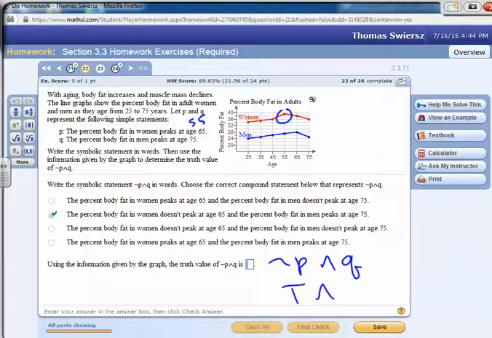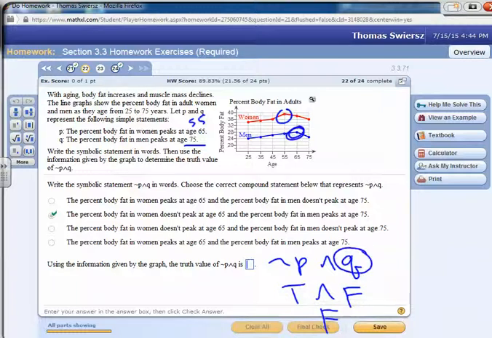And the percent of body fat in men peaks at 75. No, it peaks at 65, right? So Q is actually a false statement. So a conjunction with one true and one false is false, okay? So the truth value of this is false. Again, the Q part here, the men's body fat peaks at age 75, is not true because according to the graph it peaks at 65.